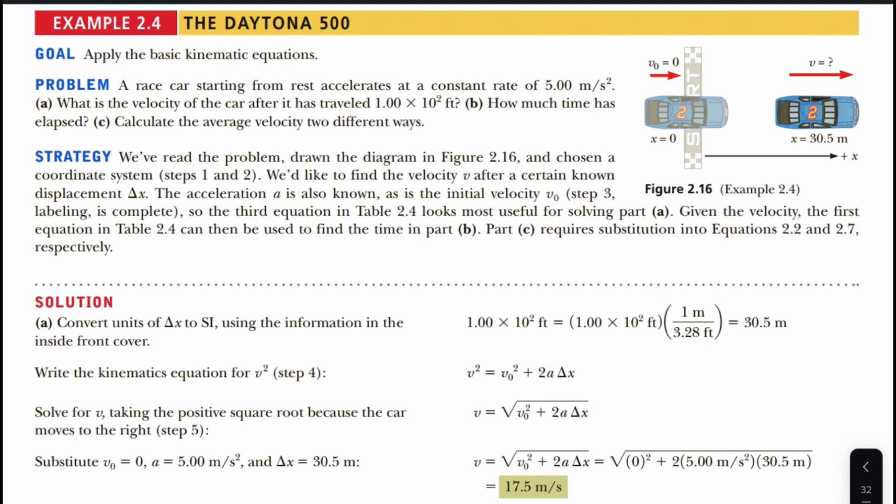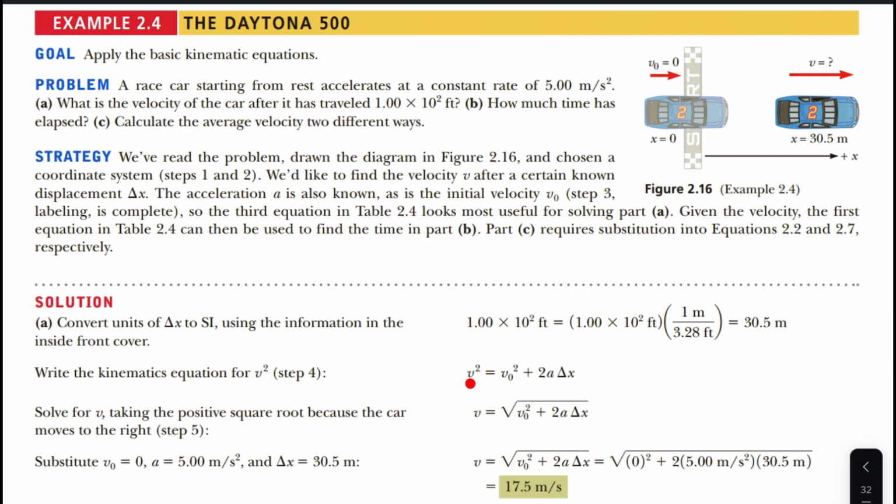And then we're going to use the equation V square equivalent to V naught squared, or V initial squared, plus 2A delta x. Don't be confused. Sometimes we may use V initial, sometimes we may put it as V naught. It's the same thing, representing initial.